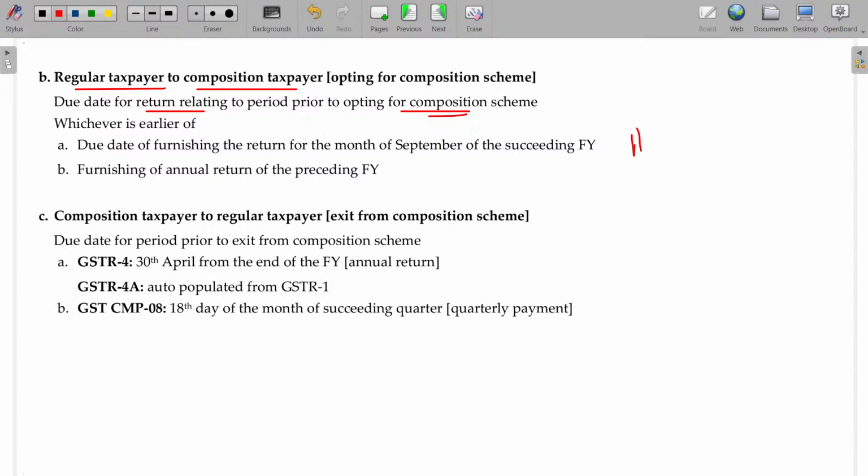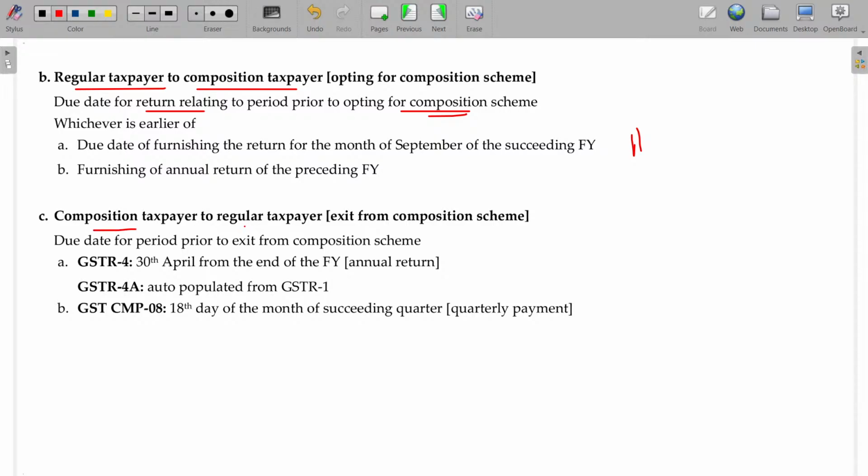You are shifting from regular to composition taxpayer. Being the regular taxpayer, you need to file the returns as either QRMP or regular scheme. If you are applying as a composition taxpayer, before that you have to finish up all the filing of the returns as per the regular taxpayer.